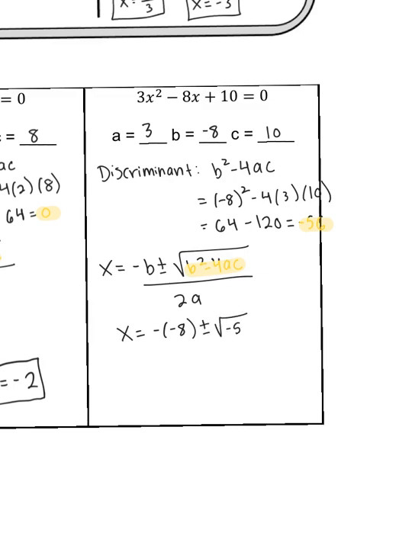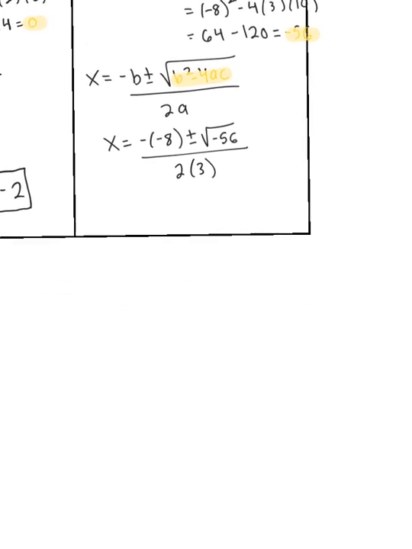Square root of negative 56 all over 2 times a, and a is 3. Okay, so I can simplify this more. I get positive 8 plus or minus the square root of negative 56, and 2 times 3 on the bottom gives me 6.